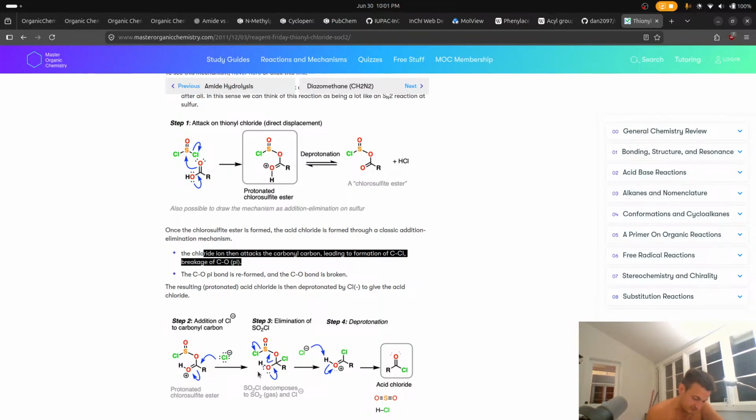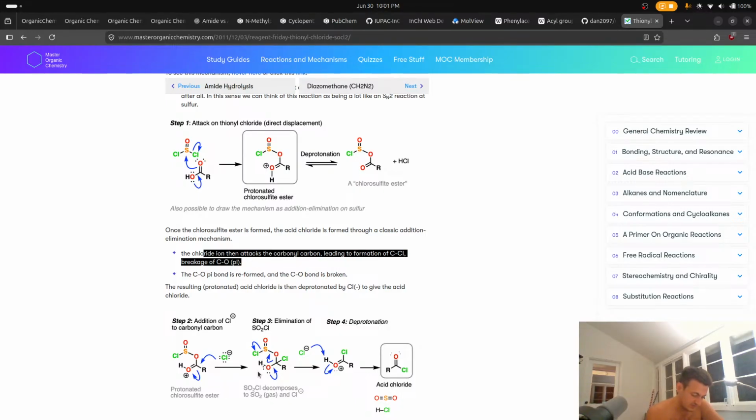So now we're left with R-C double bond OH plus, Cl, and then we also have S double bond O minus Cl, and I'm guessing what happens is this falls apart to get the sulfur dioxide.